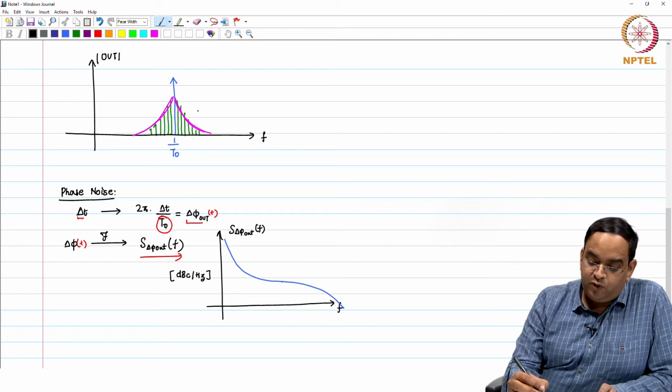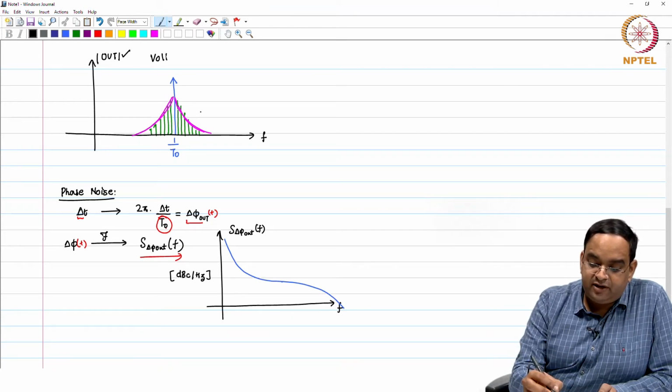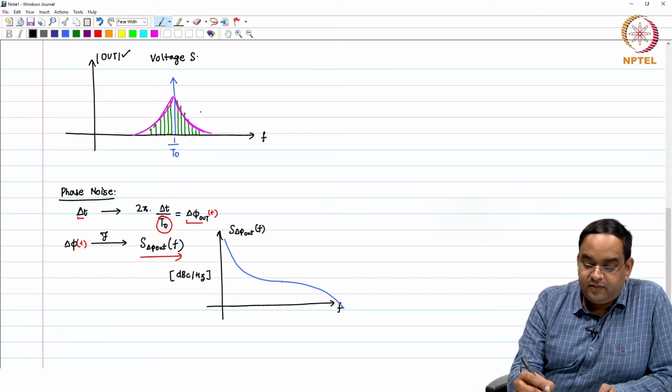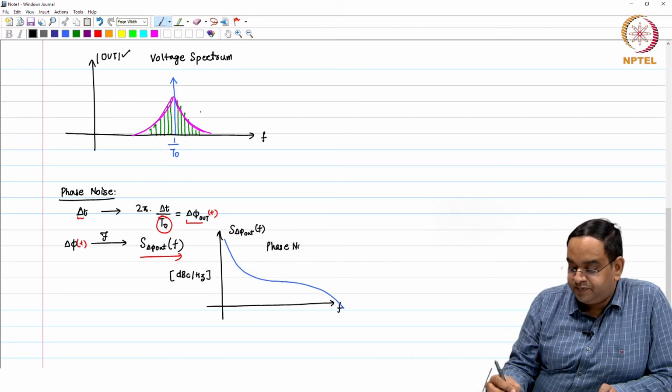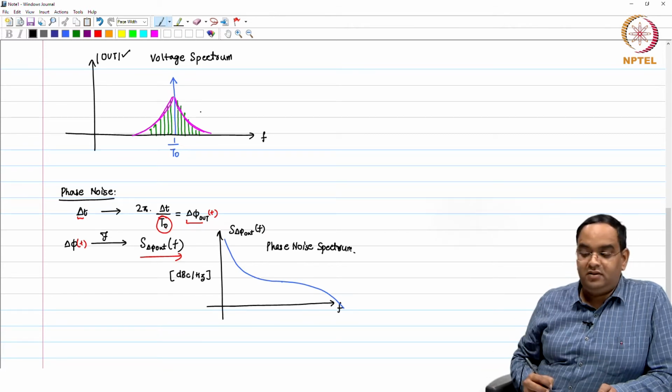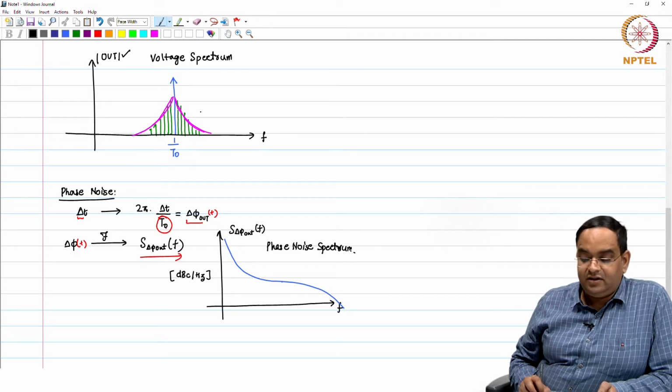By the way, both these things are related. This is a voltage spectrum, not the phase spectrum, and this is your phase noise spectrum. So, the two are different, but they are related, and you will have different constants and gain factors when you relate both of these spectrums.